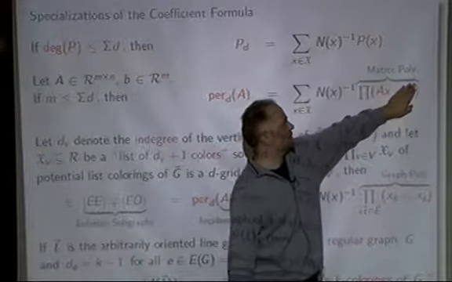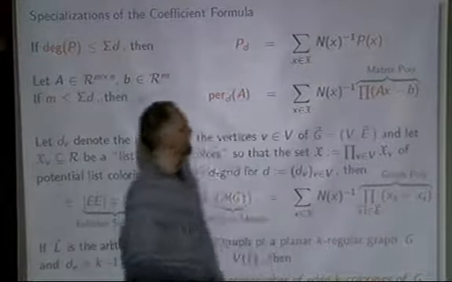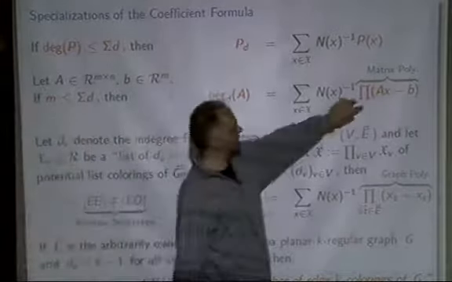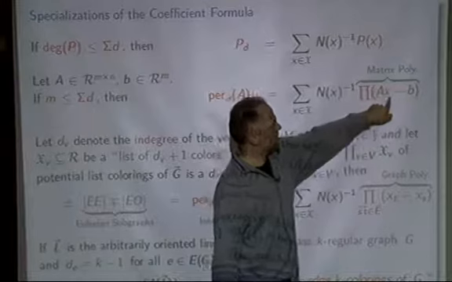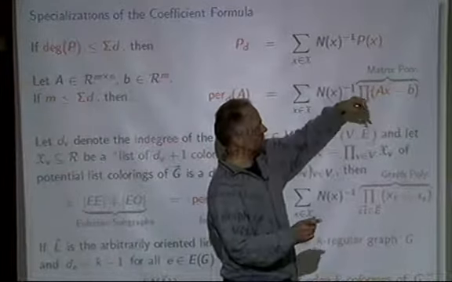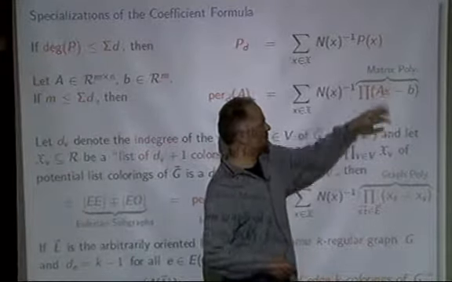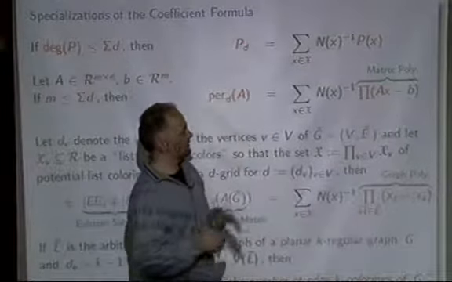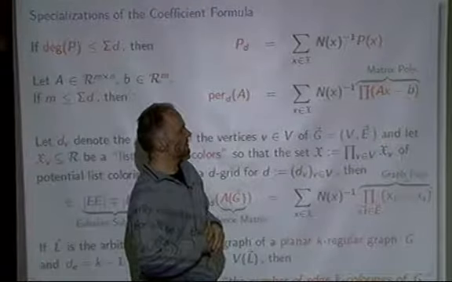We could put here 0. So x is a tuple like x1 to xn, and if you multiply it with this matrix, you get a vector with entries that are polynomials in x, and you just take the product over all these linear polynomials.